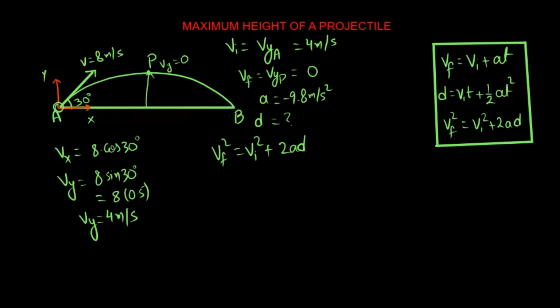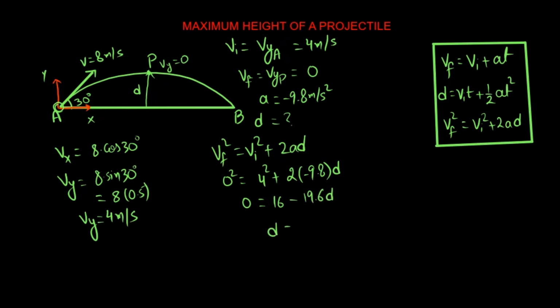Plug in the values. Vf is 0. Vi is 4. a is minus 9.8. And d is just d. d would be this, which is the height. This is 0 equals 16 minus 2 times 9.8, which is 19.6 d.